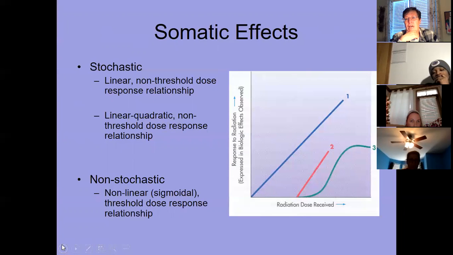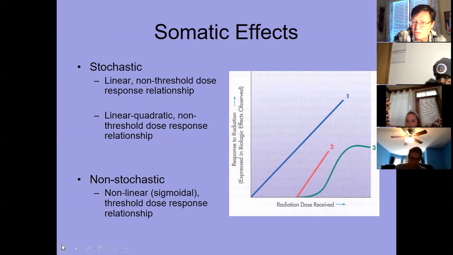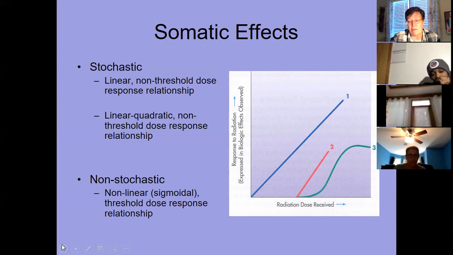So the most commonly accepted dose-response relationship is linear non-threshold, but there are some cancers that they estimate to follow linear quadratic non-threshold dose-response relationships.